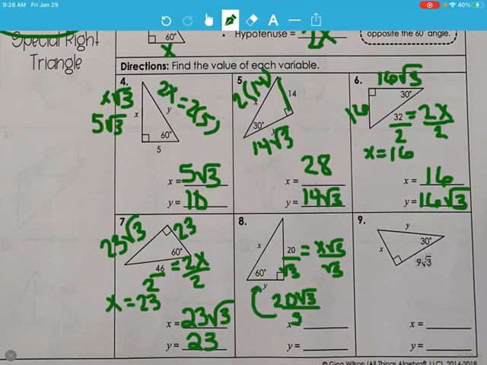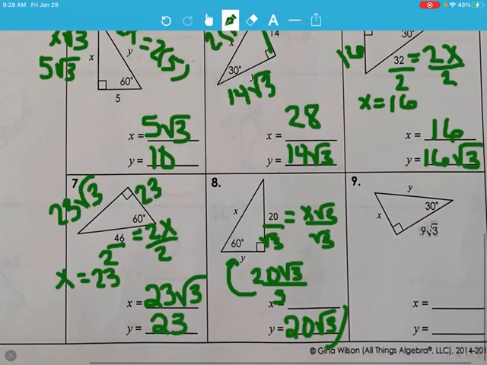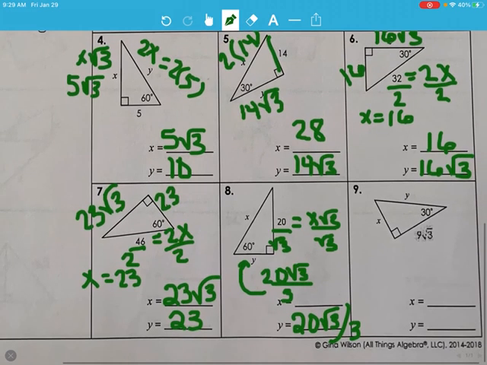Our longer side is just this times 2, so real fast, let me just fill in my answer. All over 3. When I times this by 2, I just get 40 root 3 all over 3. Again, we're going to try to not have those scenarios just because that square root's messy, but just so that you can see it in case it does pop up.